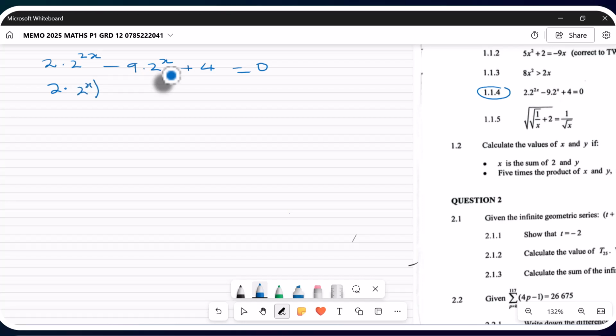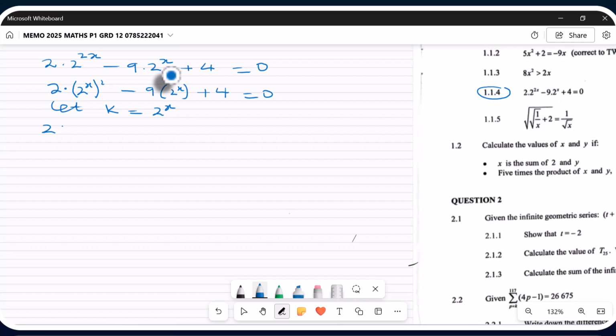So in here, I can say let k equal to what? 2 power x, okay? So this is going to be 2k squared, right? Then minus 9 times k, that's 9k, okay? And then plus 4 equals to 0, okay?